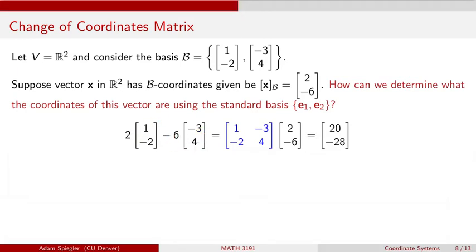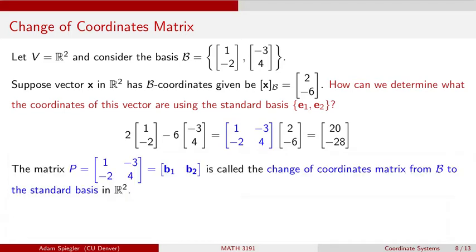And doing this arithmetic is equivalent to taking the matrix whose first column is (1, -2), the first basis vector, and whose second column, (-3, 4), is the second basis vector. So we take this matrix, whose columns consist of each basis vector in B, and multiply it by the vector in B coordinates, (2, -6), and that gives us (20, -28). So this is the coordinates of our terminal point with respect to the standard basis. This means we're 20 units to the right and then go 28 units down.